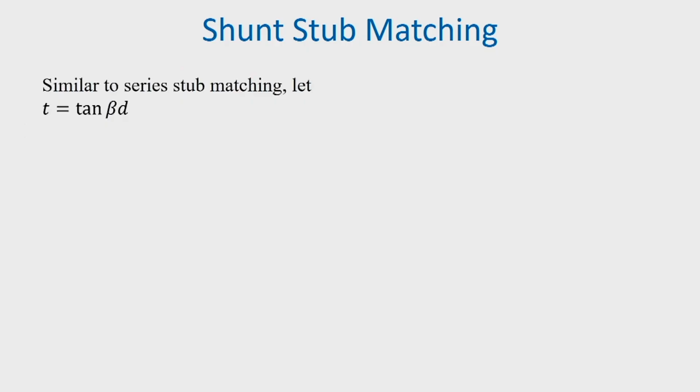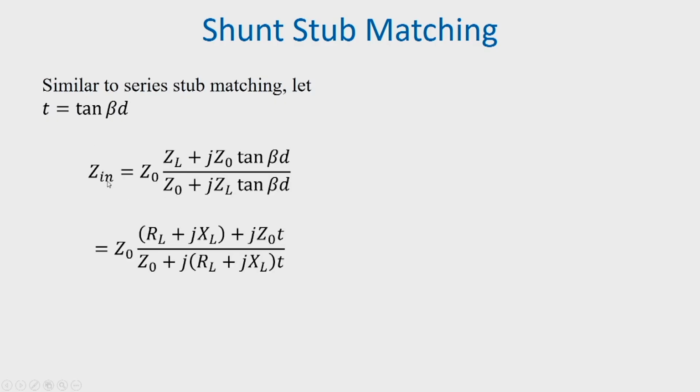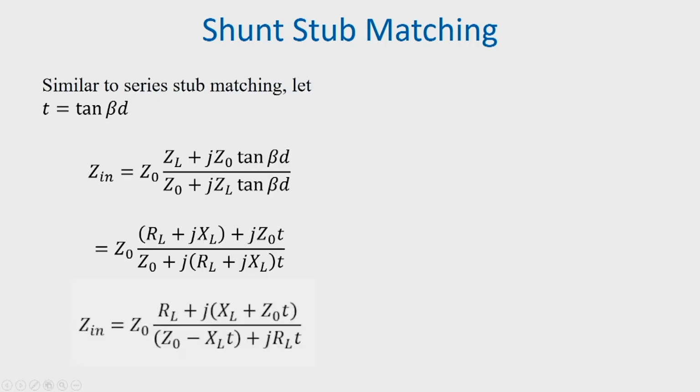So, as in the case of series stub matching, let us replace this tan beta d by t. Then this equation for Z in can be put in this form, with tan beta d replaced with t, and then we can group the real and imaginary terms, and we get this resulting expression.